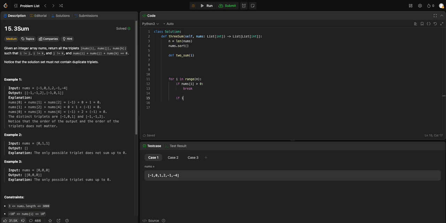But if i is greater than 0 and nums[i] is equal to nums[i minus 1], we skip it. Otherwise we call two sum with i, right? And then we return the results.